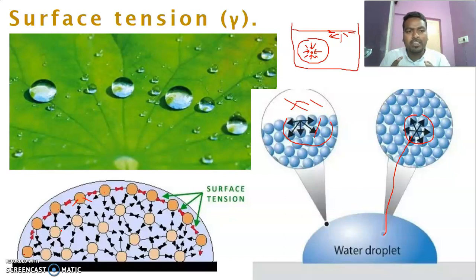The capacity of a liquid to occupy a minimum surface area is called surface tension. It is a force acting on the surface molecules, and as a result the water turns into drops, or on the surface it is converted into a spherical shape. This phenomenon is called surface tension.